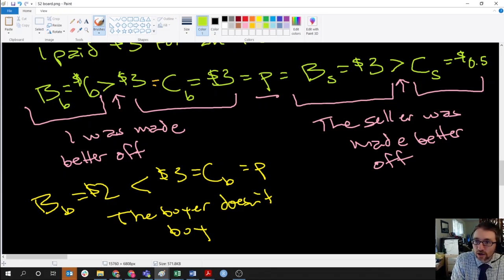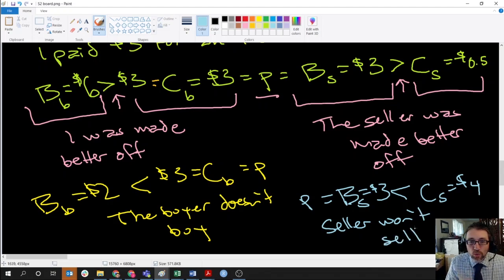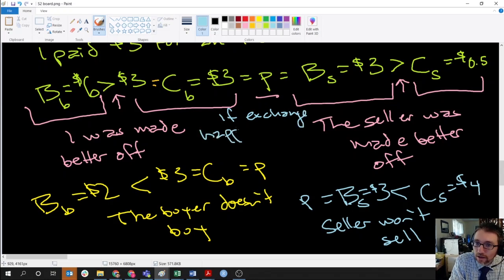Similarly, let's say that the cost to the seller is $4, which is greater than the benefit to the seller, which is $3, which is the price. Seller won't sell. So what does that mean? It means if exchange happens, everyone is better off. If voluntary, I want to be clear, if voluntary exchange happens, everyone is better off.